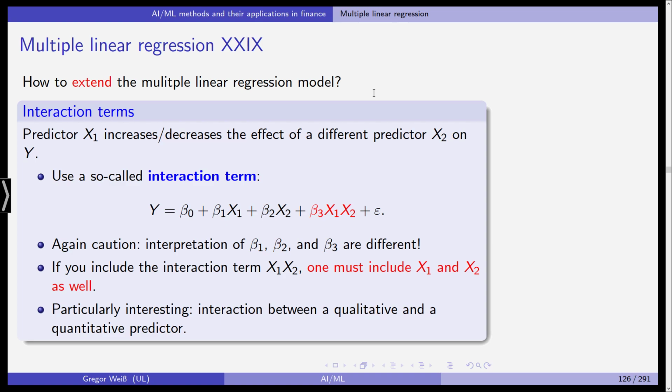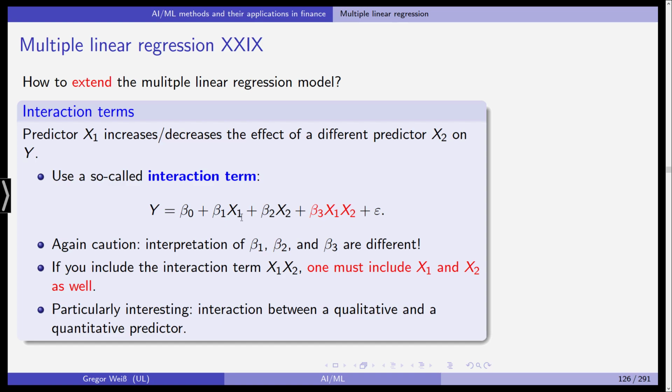Beta 1 measures the effect of x1 when x2 is 0. So this is the isolated effect of x1 if x2 is 0, and beta 2 measures the effect of x2 on y if x1 is 0. So this is a little bit tricky, and also to correctly measure the interaction term, one must include x1 and x2 in the regression as well. So this equation here is correct in the sense that we have included x1, x2, and their product.